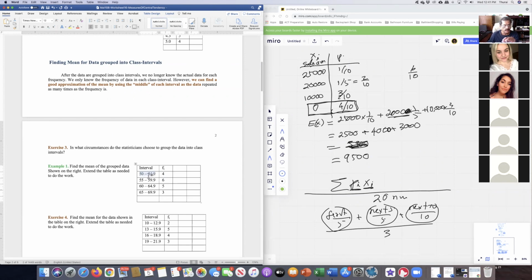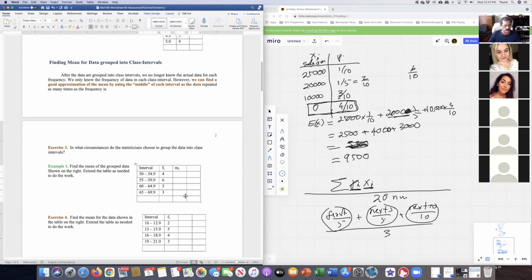We don't know what data they are, but it is reasonable to assume that the average of all those data is the same as the middle point, because they are usually spread apart in the interval. It means if you average them, normally it will be the middle number. So we take the middle number, we call it M, and that will be our average for this interval.